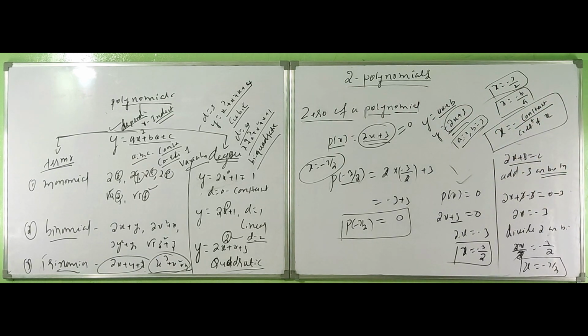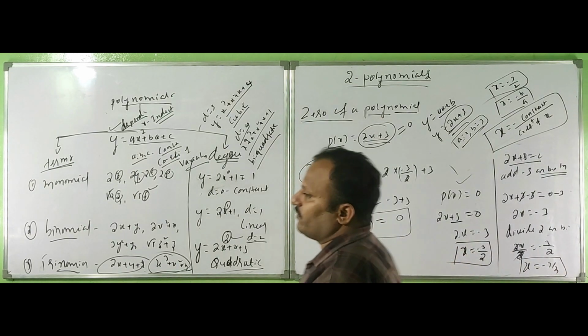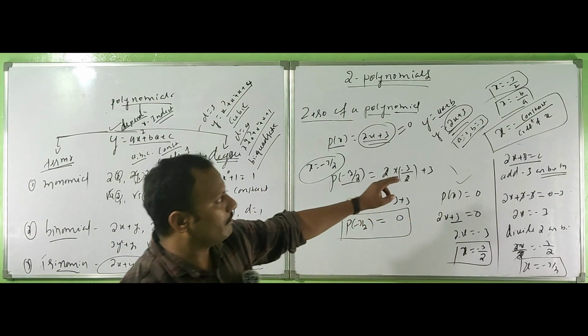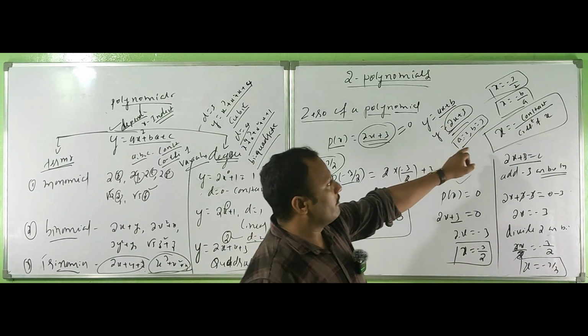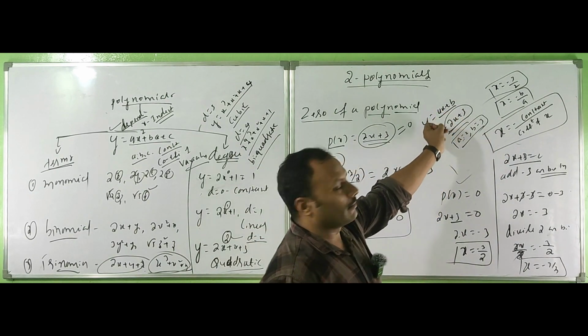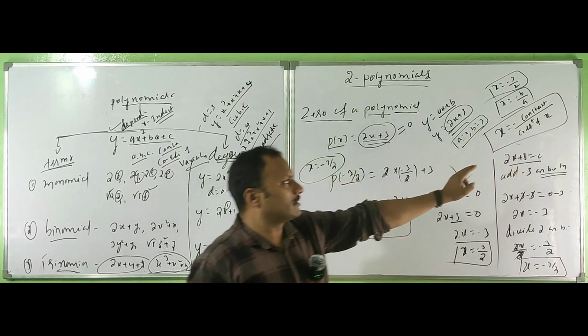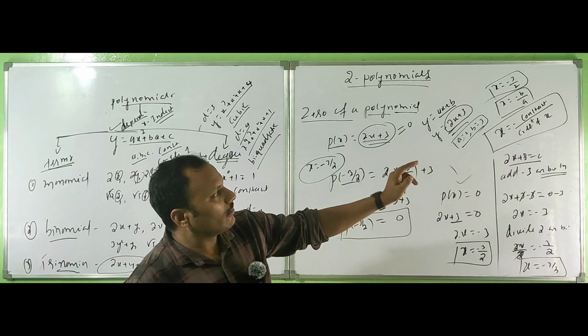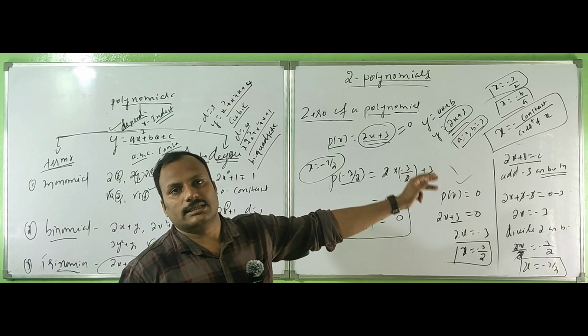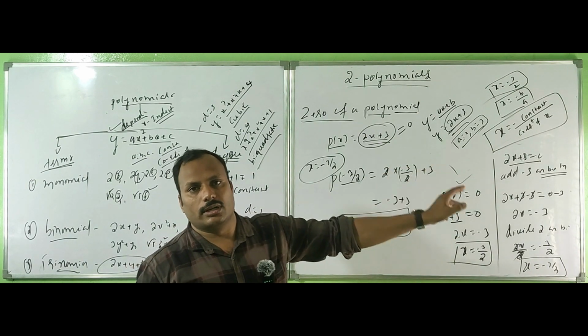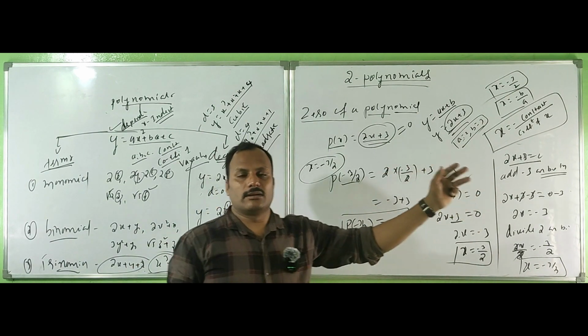For any zero of a polynomial, this is true for all values. This form, minus b by a, minus 3 by 2. So for a linear equation, minus the constant divided by the coefficient of x is the zero of a linear polynomial.